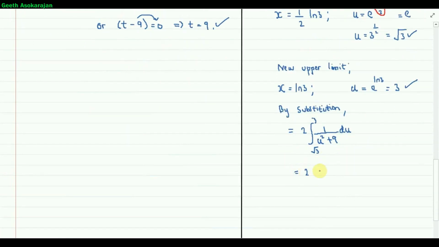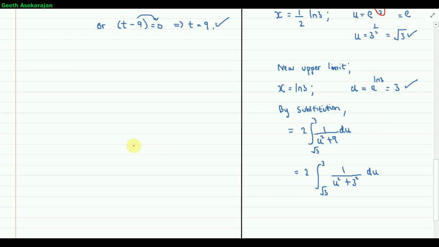So we'll have 2 times the integral between the limits of root 3 and 3 of 1 over u squared plus 9. Now 9 is the same as 3 squared, so let me write that as 3 squared, with respect to u.